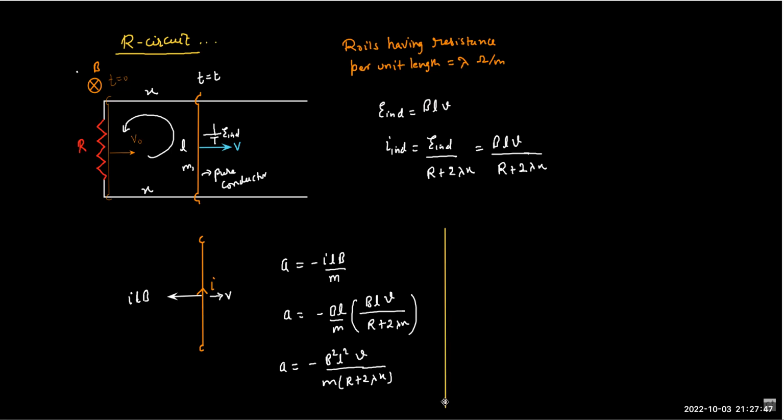So the differential equation that we must use here is A equals to V d by dx. Correct? Because we need V and X both. And this we can add as minus B square L square V upon.